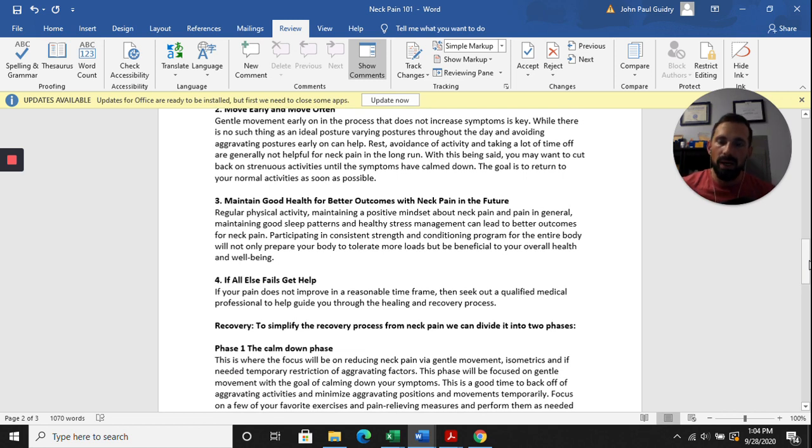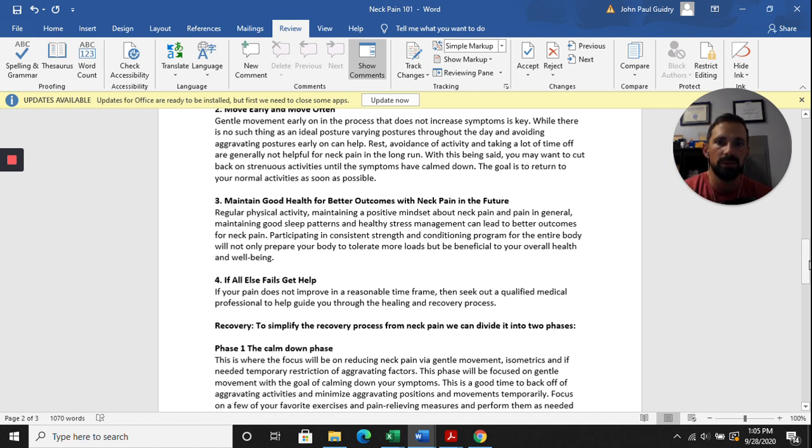So, how we maintain our overall health will have a play in better outcomes for our acute neck pain as well as any pain we experience in the future. So, regular physical activity, maintaining a positive mindset about neck pain, pain in general, maintaining good sleep patterns, healthy stress management, good, healthy relationships, all those things, and just maintaining overall cardiovascular health can lead to better outcomes for neck pain.